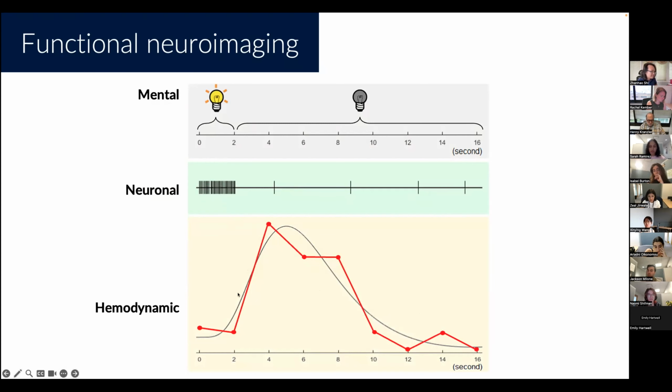Whenever I see this, I can imagine there must be some neuronal activity going on, maybe like this, which means there must be some mental activity going on like this. When you see this fMRI signal, you are trying to infer back to what was going on at the neuronal level and associate it with the mental activity. So that's basically how to interpret these fMRI findings.